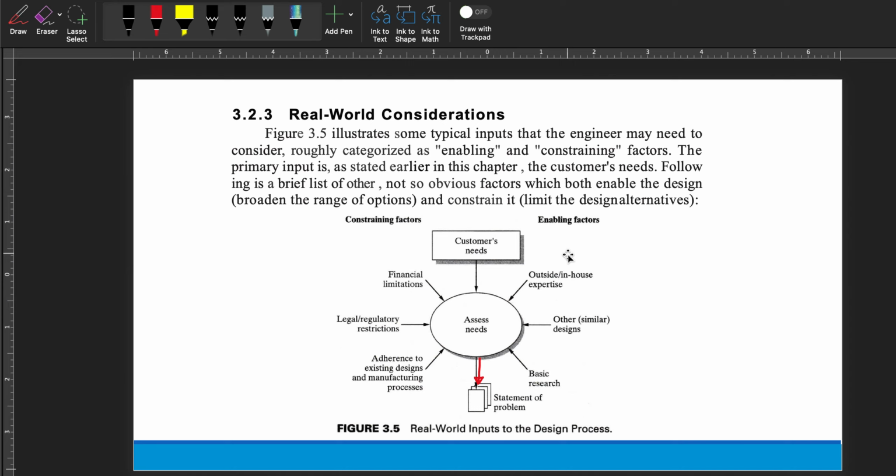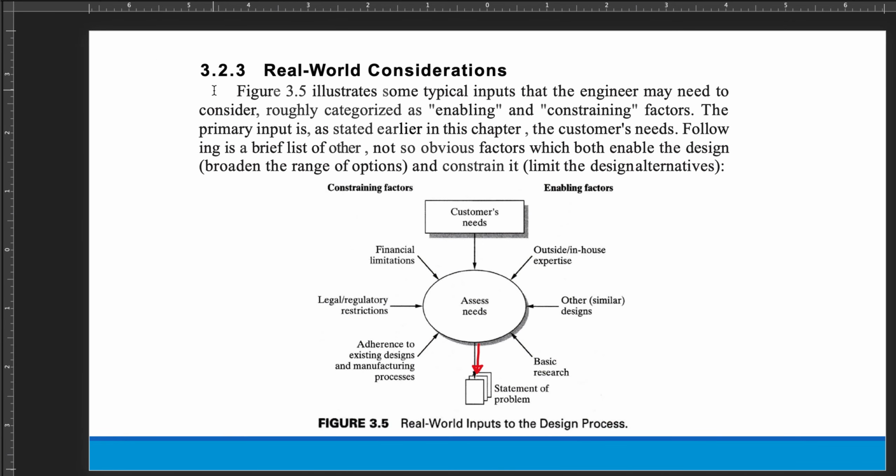So on this side are the enabling factors that help your design, and that includes getting experience either outside or in-house, other designs that have been done in the past, and, for example, some basic research. And let's get rid of this here to make the diagram a little bit bigger. Constraining factors, well, there's always financial limitations.